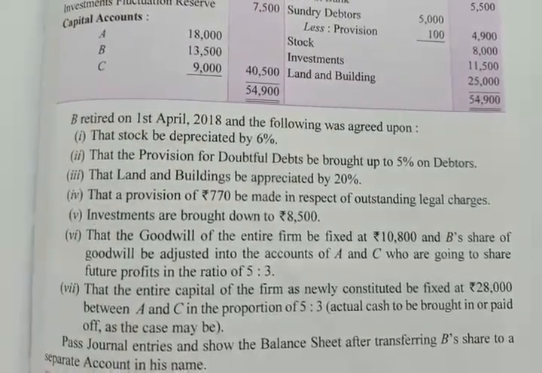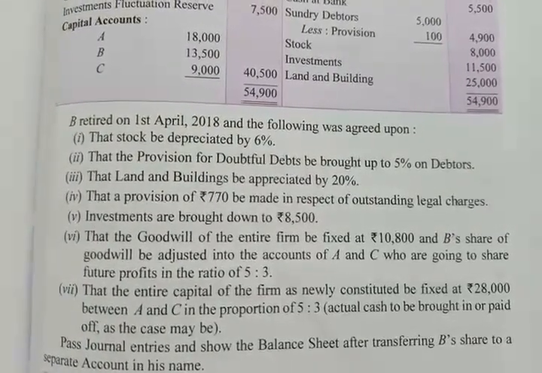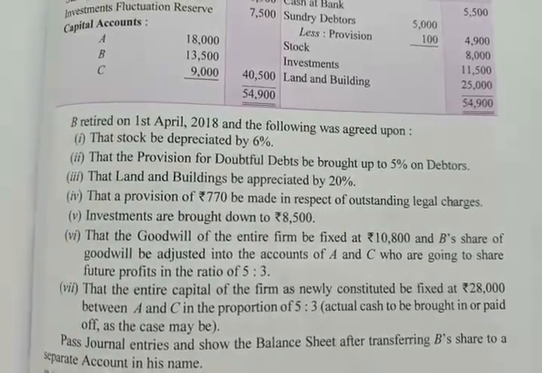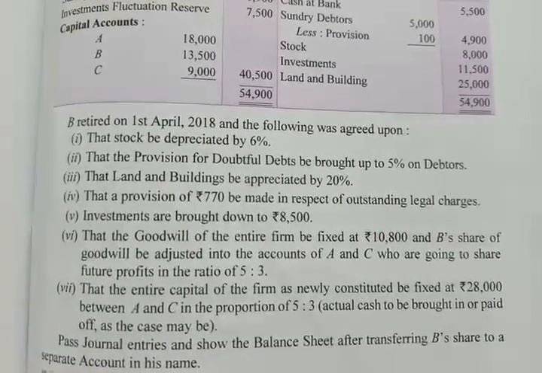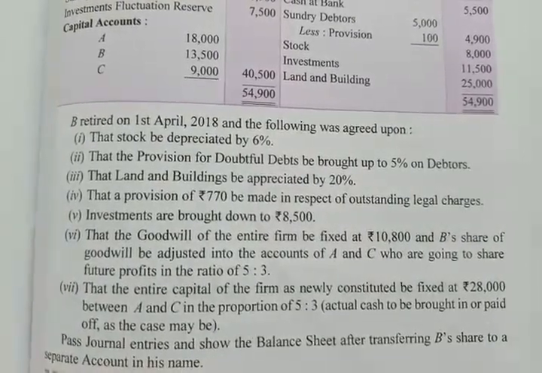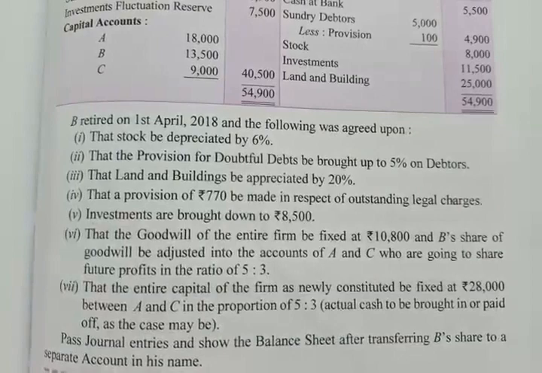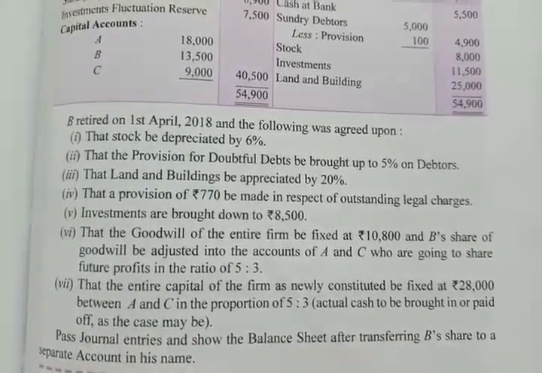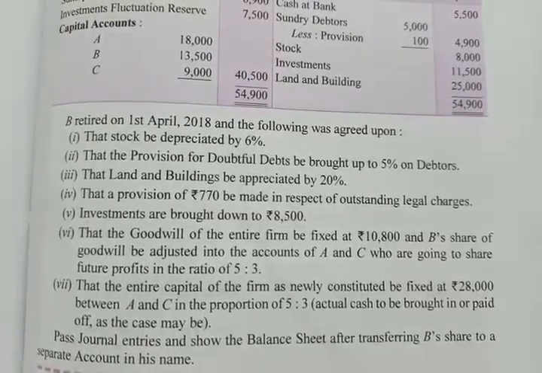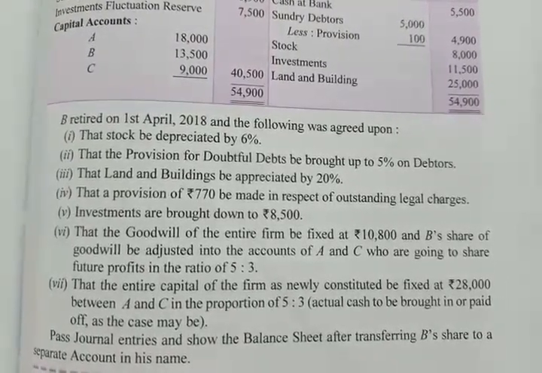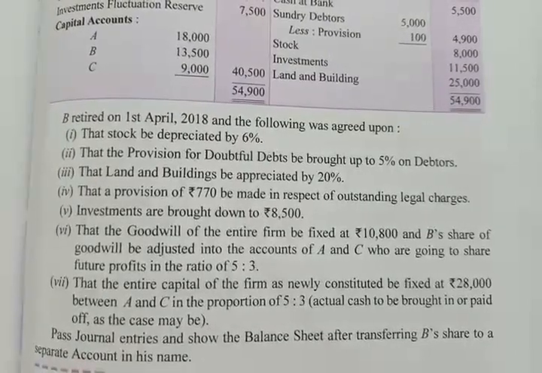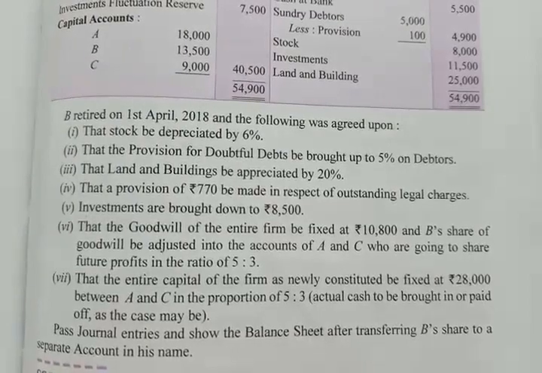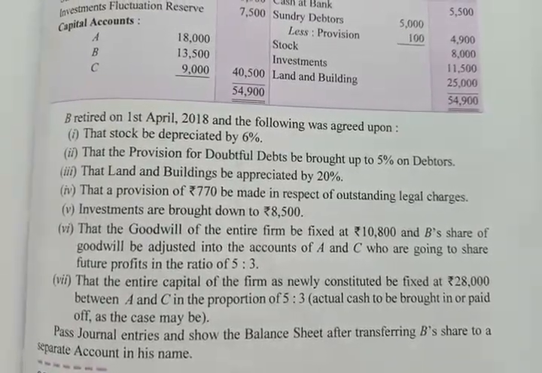In the sixth adjustment, they have given us goodwill of the entire firm, and B's share of goodwill is to be adjusted in the accounts of A and C. In the last adjustment, they told us that the entire capital of the reconstituted firm will be fixed at rupees 28,000, in the proportion of 5:3 between A and C. Actual cash to be brought in or paid off as the case may be.